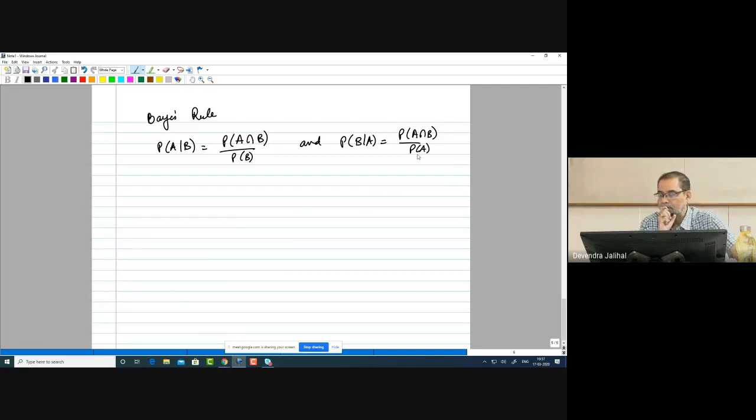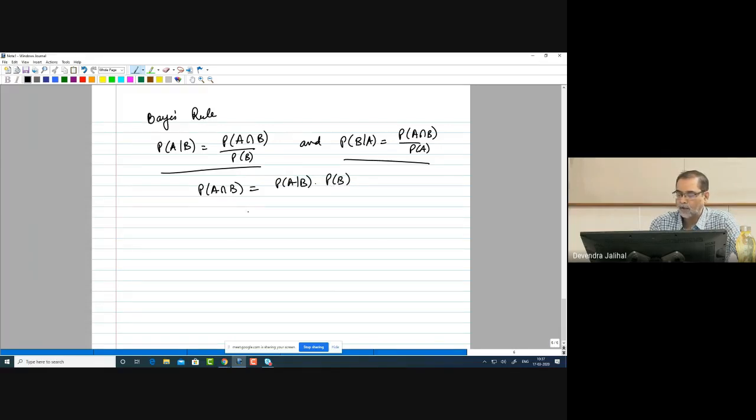Okay. So if you see the two formulas, it's clear that probability of A intersection B can be written as probability of A given B into probability of B, or probability of B given A into probability of A. Right? So the two are equal. Okay.